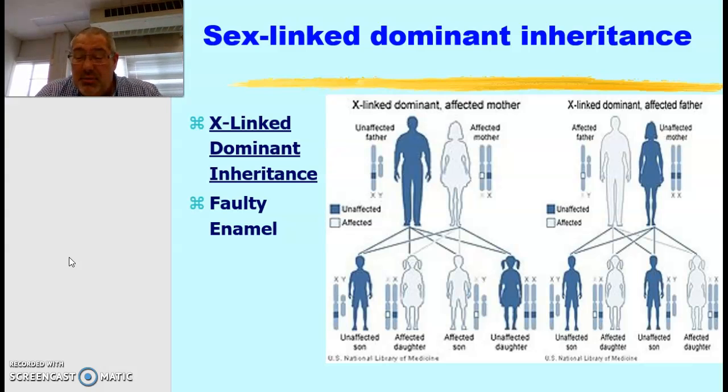So there's a 100% chance of a daughter being born with this condition if the father is affected with it. The mother being unaffected, the son who gets the X chromosome from their mother would have a 0% chance of inheriting this condition if it's a dominant pattern of inheritance.